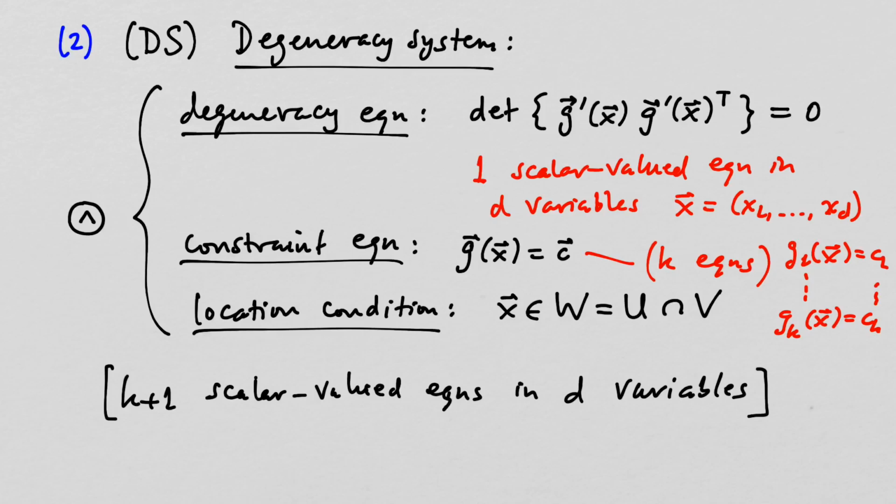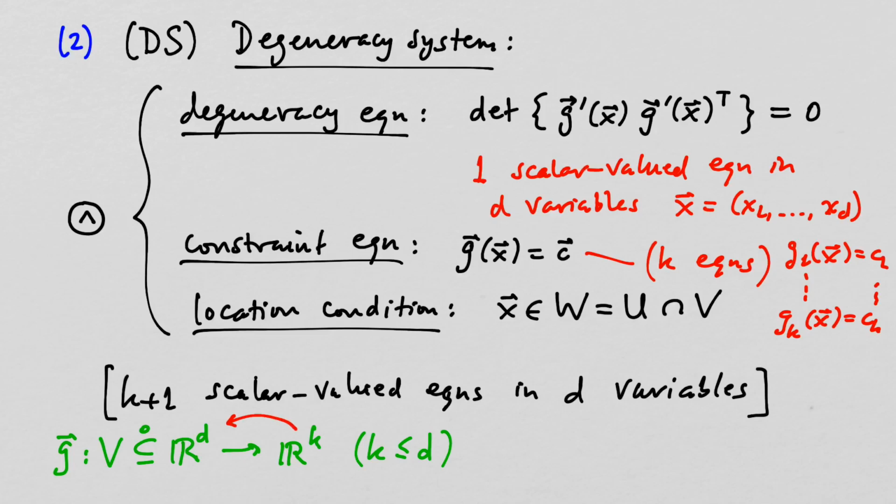Okay, let's talk a little bit about this stuff here, just to make sure we understand that this is a kind of grammatically correct expression. Okay, let's remind ourselves that the function g goes from an open set in D space into K space, and K is the lesser of those two. So the derivative matrix is, you have to read it, remember you always read it backwards like that.